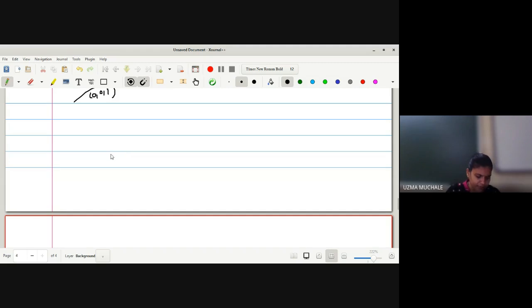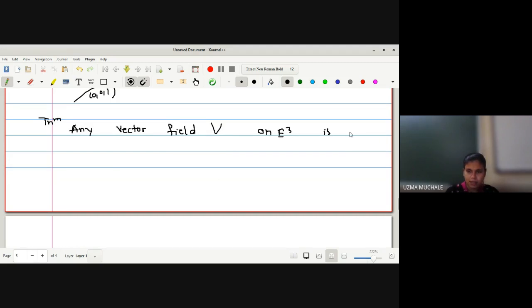Any vector field V on E3 is uniquely expressed as... any vector field capital V. So any vector field means what? You should know the definition of a vector field capital V on E3 is uniquely expressed as.